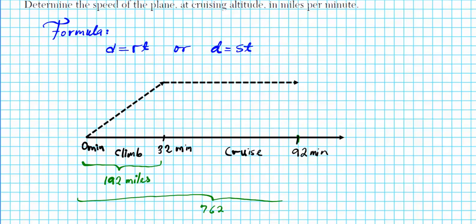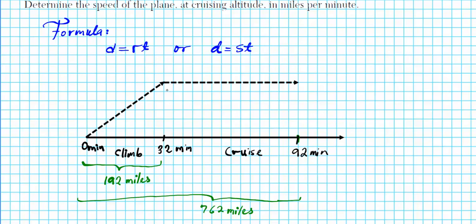All right, so that's just a visual of what's going on. Let me go over what we have set up again so it's clear. When the plane takes off, from 0 to 32 minutes, it was climbing the whole time. After climbing to its cruising altitude, it had covered 192 horizontal miles.